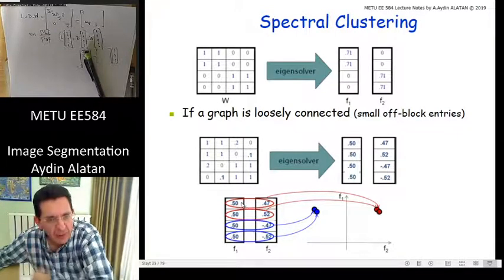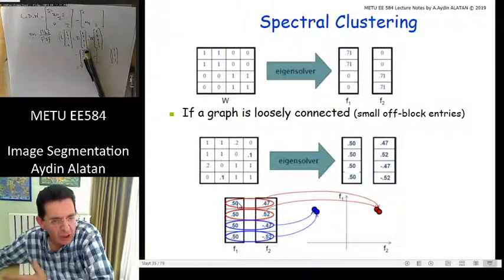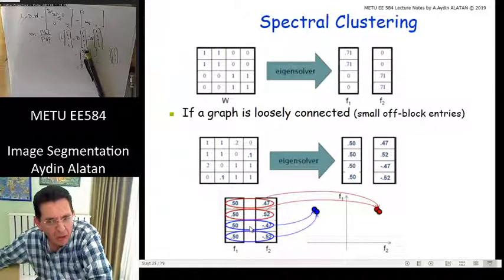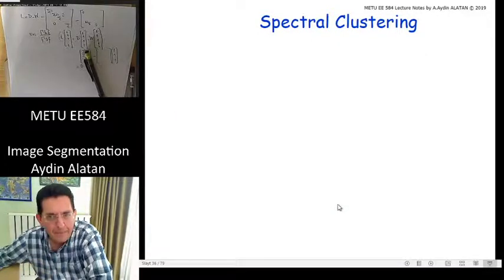The first sample is represented by whatever it was previously represented by, but right now as a two-dimensional vector. And more importantly, in this two-dimensional space, they are separated very well.